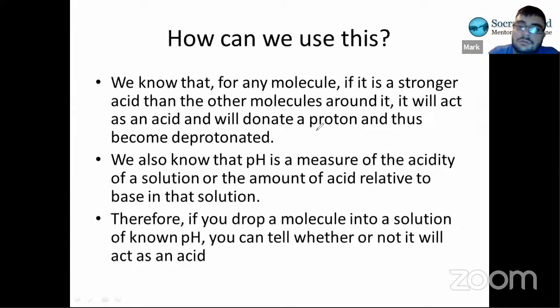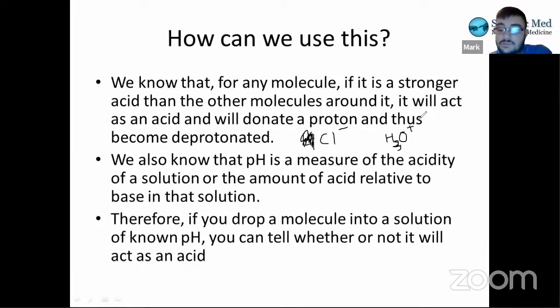When HCl donates its proton to water, it becomes deprotonated into Cl minus, and the water becomes protonated because the water acts as a base. And it becomes H3O plus, because it gets a proton.